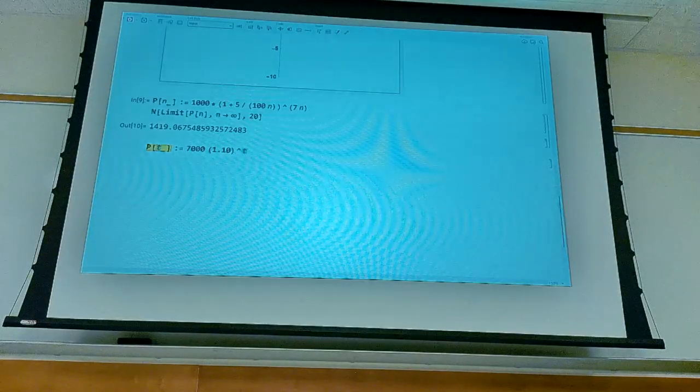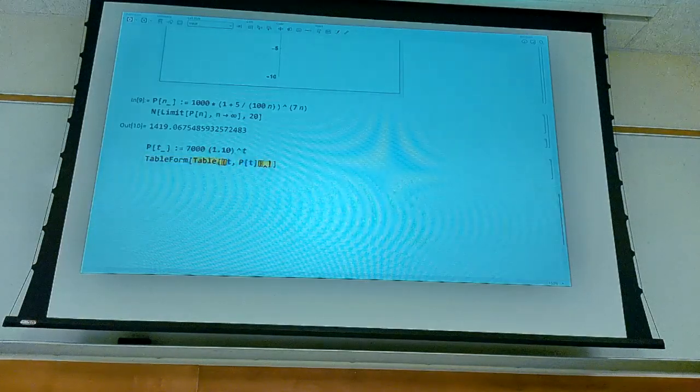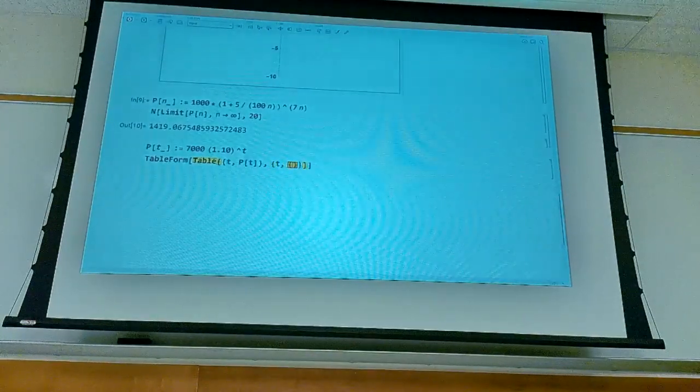Because n is 1. That's our function. I'm going to make a table. P of t. t is my variable for the table, and I want several different values. What was it? It was 5, 10, 20, and 50?